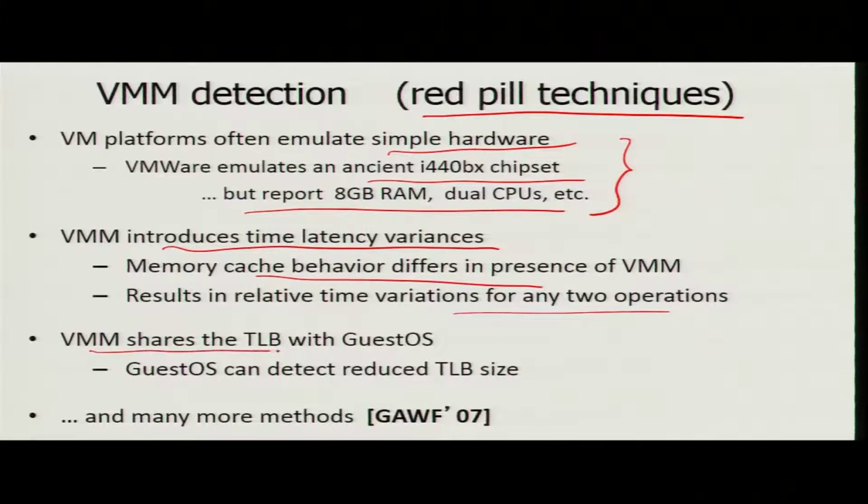The virtual machine monitor also shares the TLB with the guest OS. So you can detect when you are using a reduced TLB size, and there are many more methods. We will be releasing this paper as well for you to read to know more about these red pill techniques.